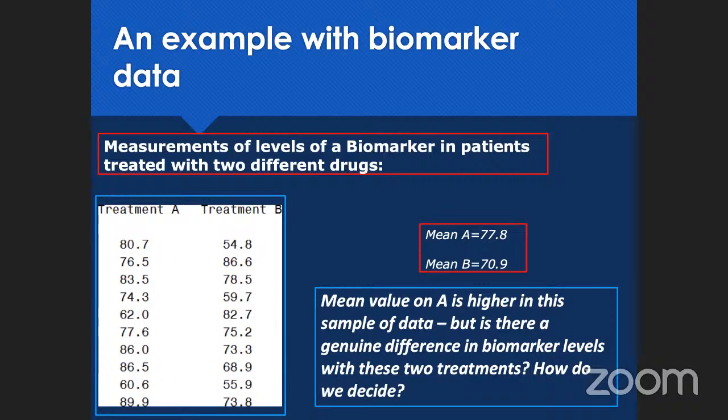So the mean value of A is higher in this sample data. But is there a genuine difference in the biomarker levels with these two treatments? And if so, how can we decide?